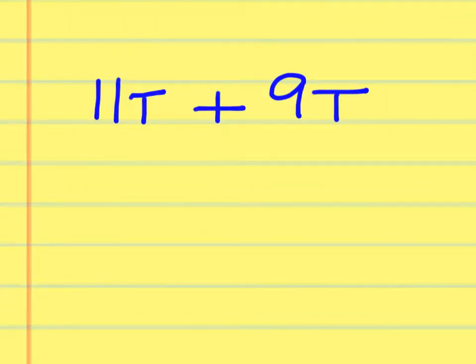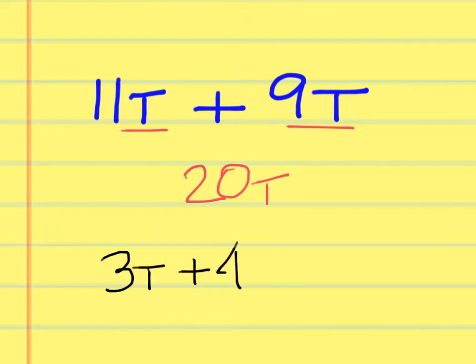If you have two terms that are identical, such as 11t and 9t, you can add those together to get 20t. Some things you cannot do are like the following. If I had 3t plus 4, that is not 7t.